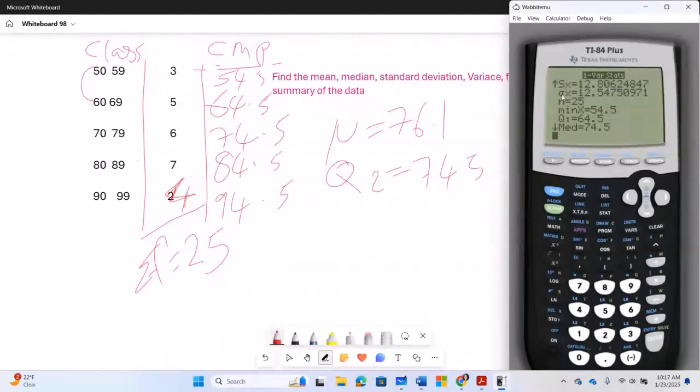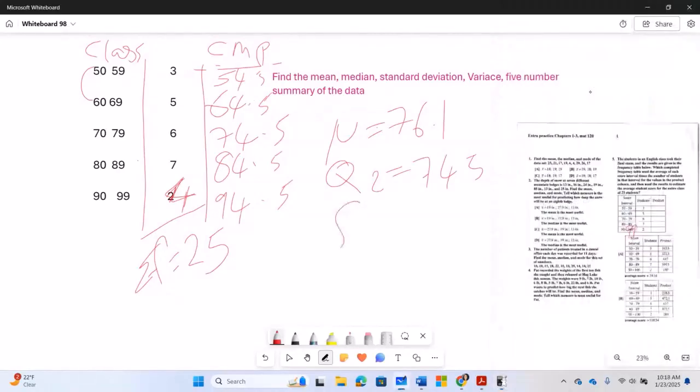I will find the population standard deviation to 1 decimal point. If I find it to 1 decimal point, the population standard deviation, sigma x, is 12.5.